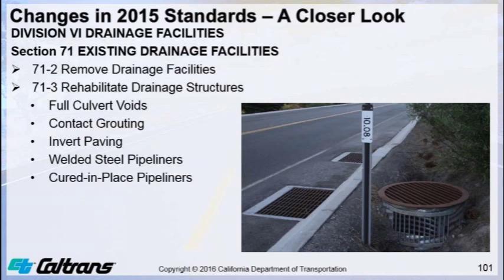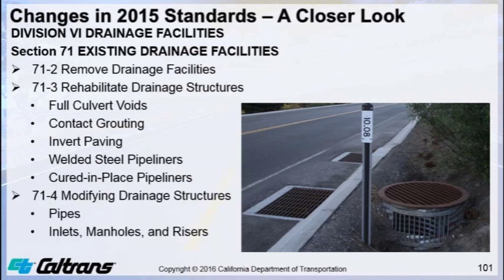Content came from 2010 section 15-6 culvert rehabilitation. 2015 section 71-4 modifying drainage structures came from 2010 section 15-2.07 modify. And the last 2015 section 71-5 adjust drainage structures came from 2010 section 15-2.10 adjust.